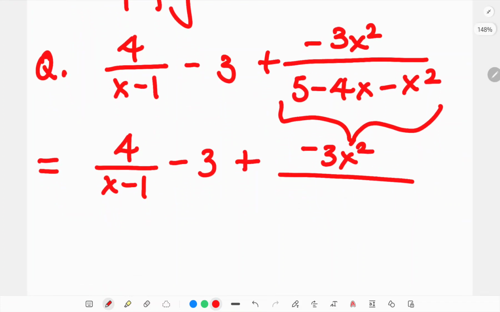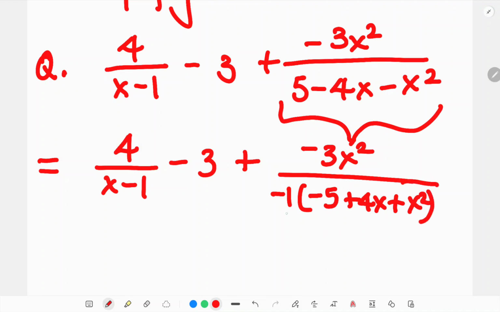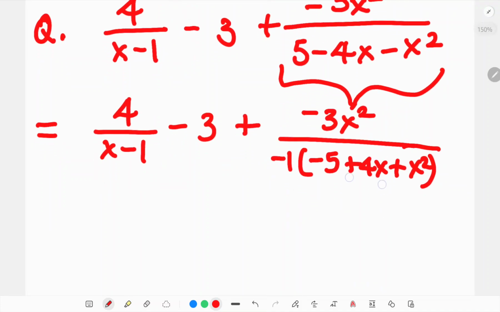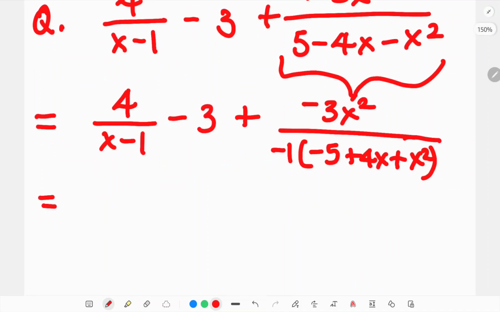So what do we do on our denominator? We take minus 1 as our common factor. This becomes minus 5 plus 4x plus x squared, right? Because we know that if we redistribute the negative inside the bracket, it will change the signs. So that's how we best simplify it. And then the negative signs will cancel.